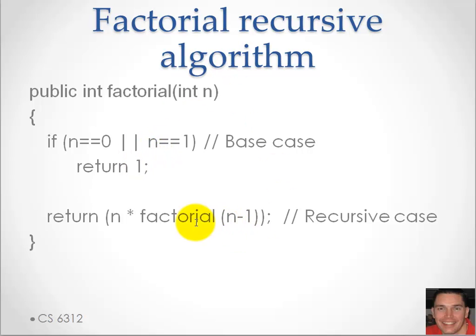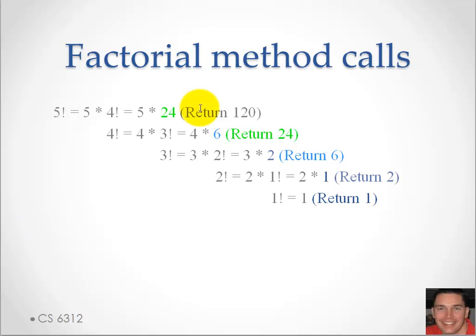It returns back to the method that called it, which was the factorial 2. So this takes 2 times what was returned, 1. So this returns 2. This returns back to the method that called it, which was factorial 3. So this says now take 3 times the result of factorial 2, which is 2. 3 times 2 equals 6. It returns that.